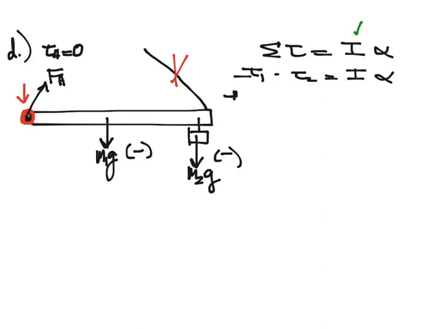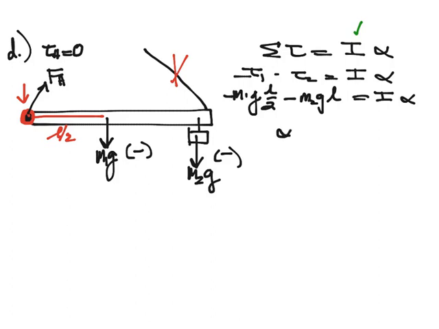So we have minus m1g. Again, the radius for m1 is L over 2. So m1g times L over 2 minus m2g times L equals I alpha. Okay, and I'm going to solve for alpha, and I'm skipping a couple of algebra steps.